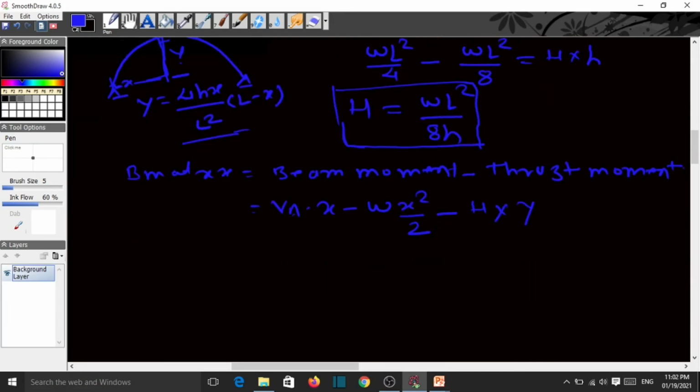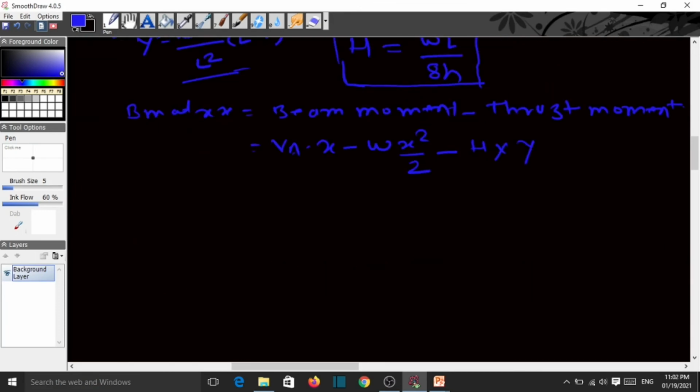So here we have to put this in. Now VA is equal to WL by 2 into x minus Wx square by 2, minus H, which is equal to WL square by 8h. So WL square by 8h into 4hx by L square into L minus x.